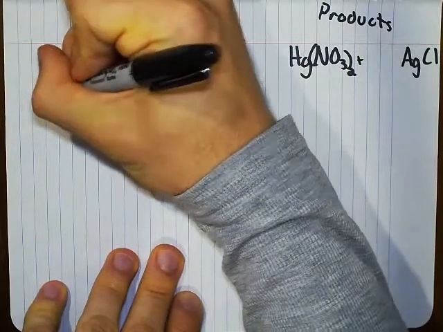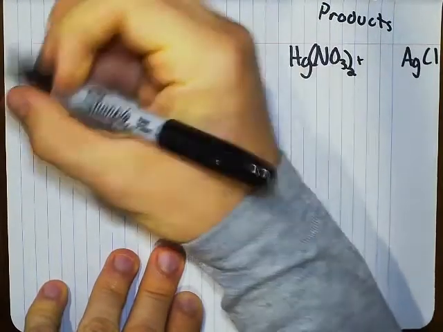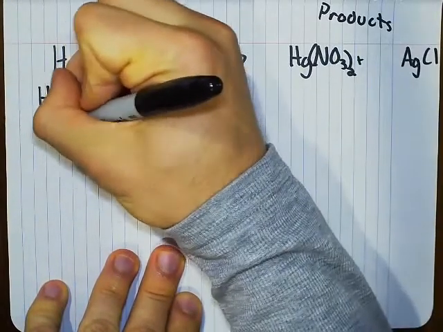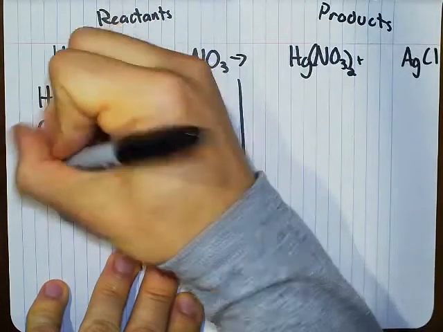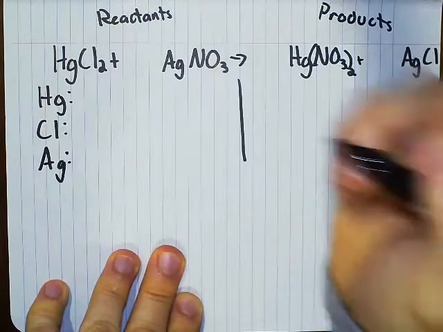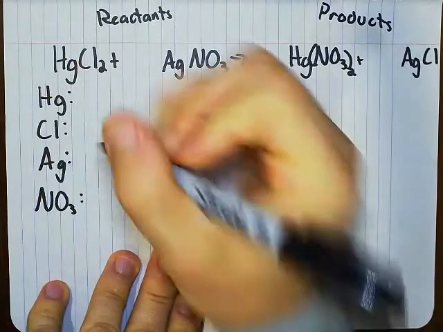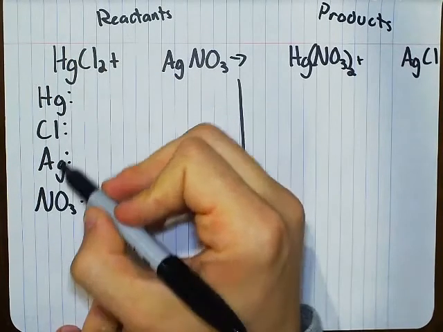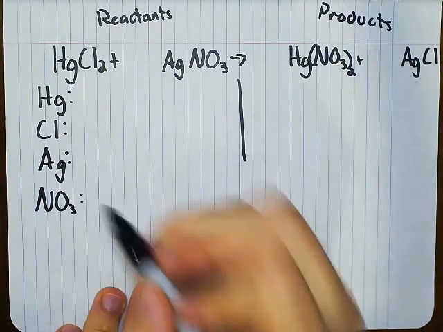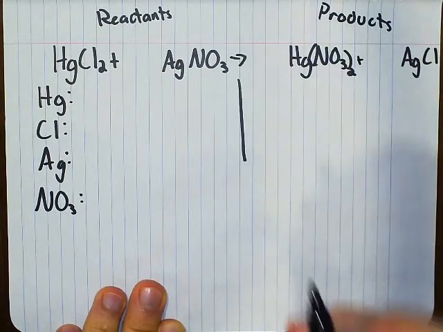So when we start to get our tally, Hg, Cl, Ag silver, and NO3 nitrate. So just like we have our atoms listed out, our other elements, we're going to list out nitrate as its own.